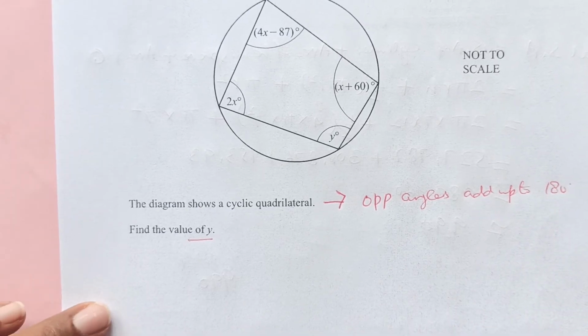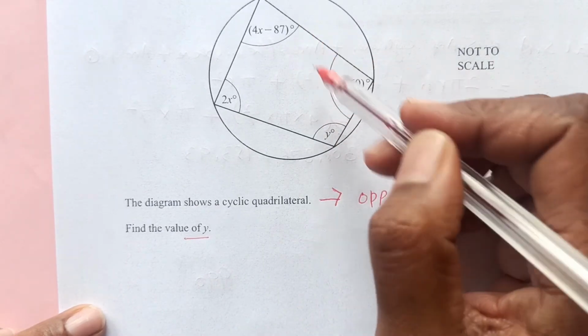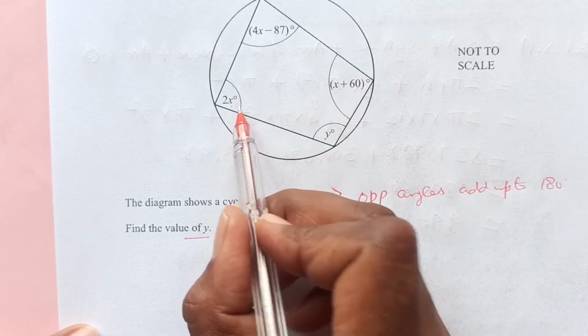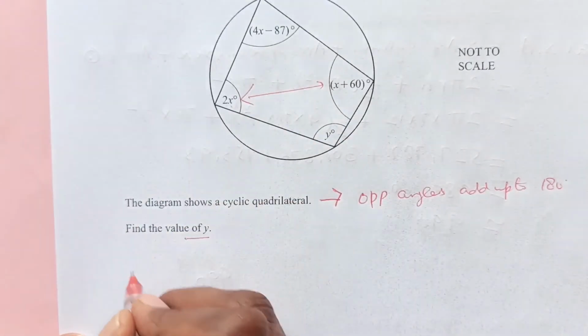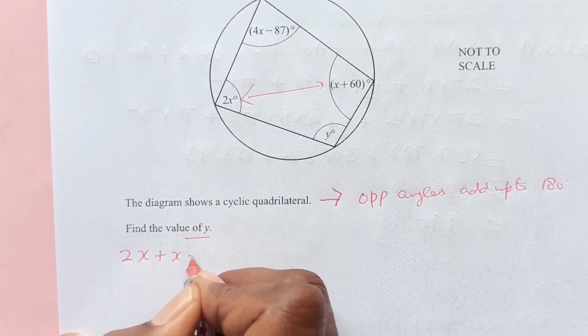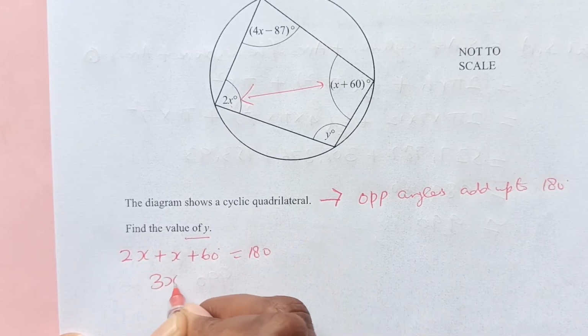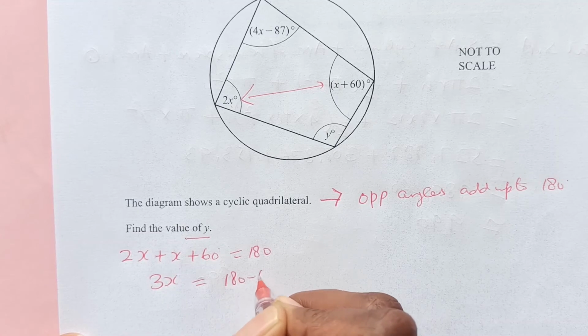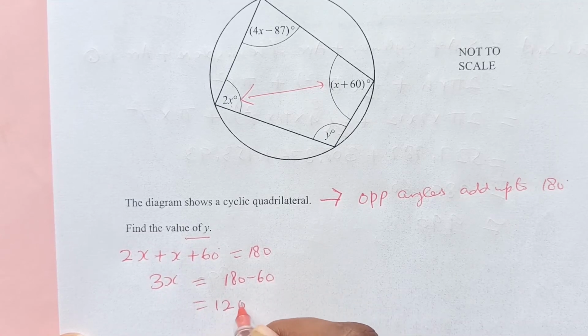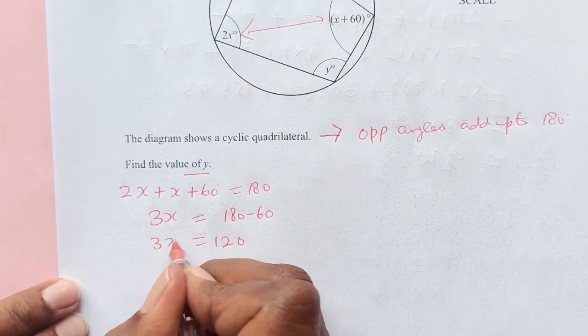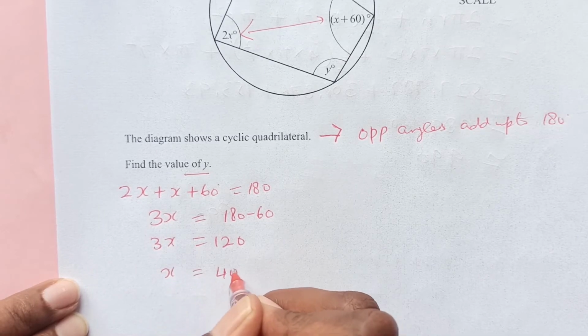So we can take from here 2x, first of all, this and this. 2x plus x plus 60 is equal to 180. So this is 3x equals 180 minus 60, which is 120. 3x, so x is going to be 40, right?